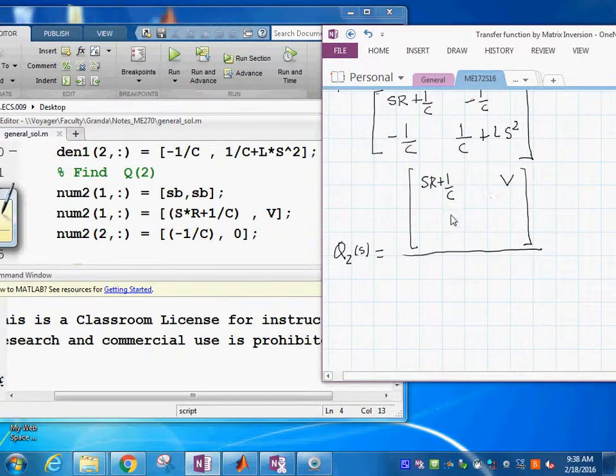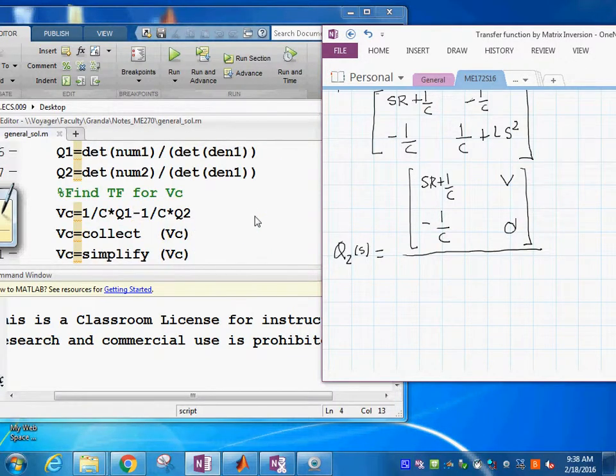And then the denominator is going to be the same. Okay? And here you say the determinant of the numerator divided by the determinant of the denominator. That's how you do Cramer's rule, no?